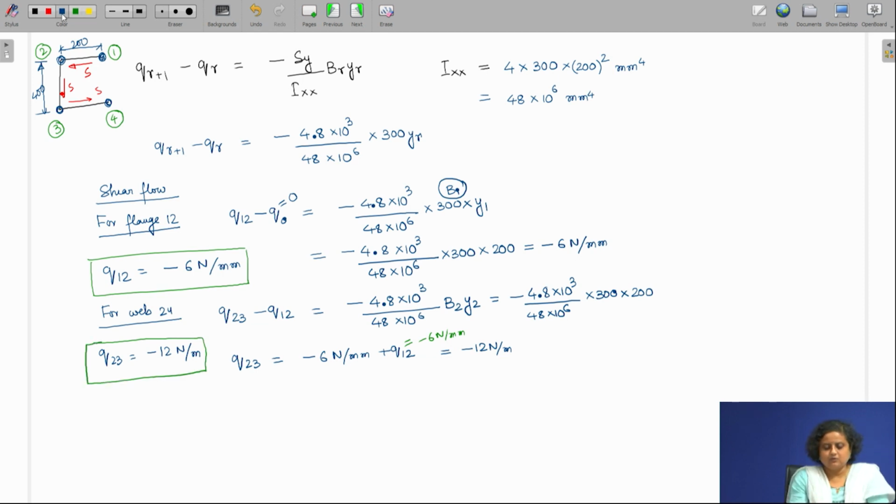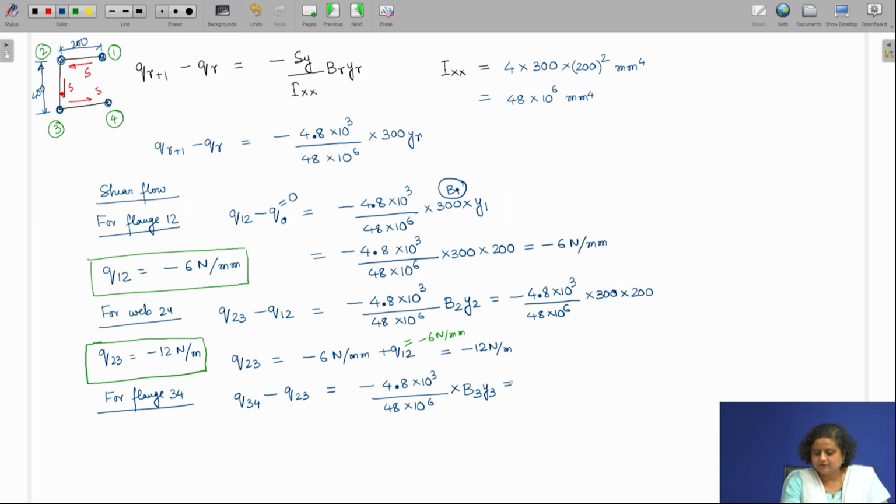Now, let us find out for flange 3-4. Now, I will have Q34 minus Q23 is going to be minus 4.8 into 10 to the power 3 by 48 into 10 to the power 6 into B3 and Y3.